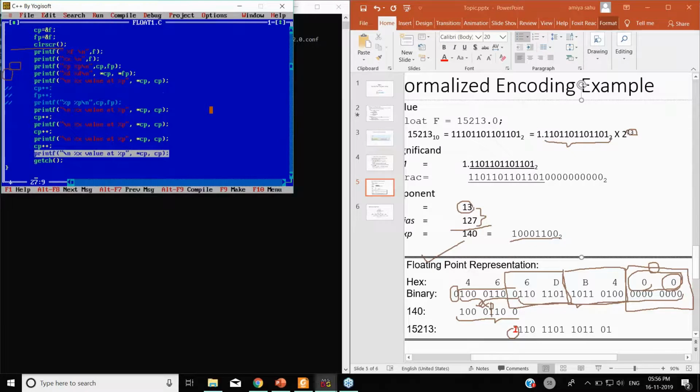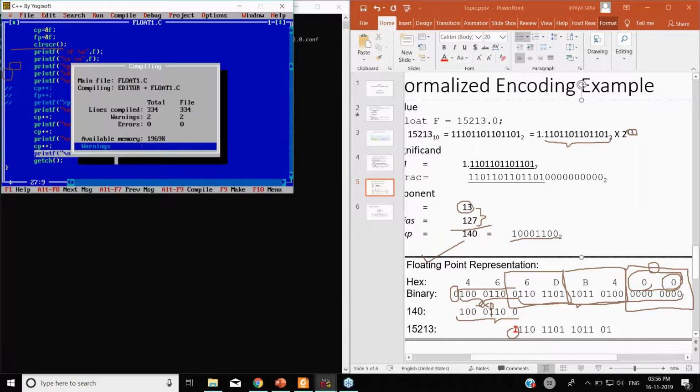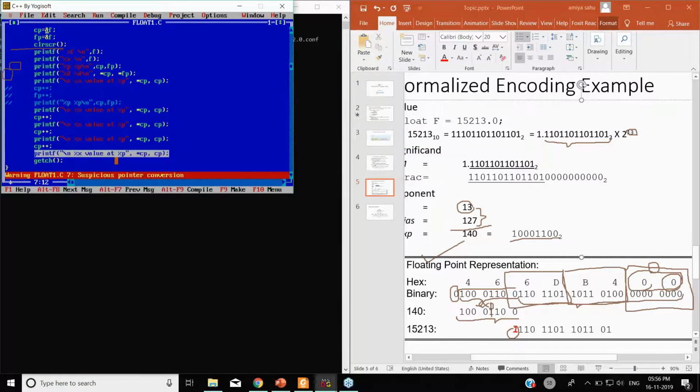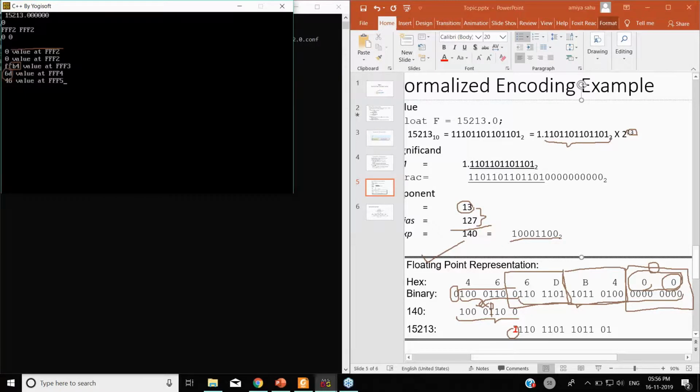Okay. Now we will compile it. Alt F9. Yes, there is a warning, but we don't worry about that. We run the program and see.